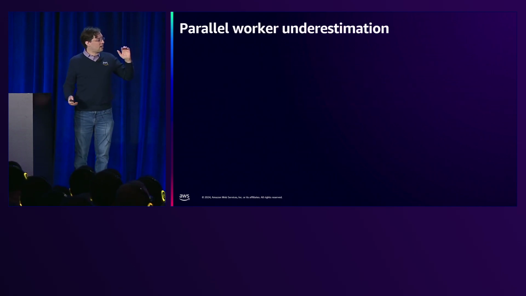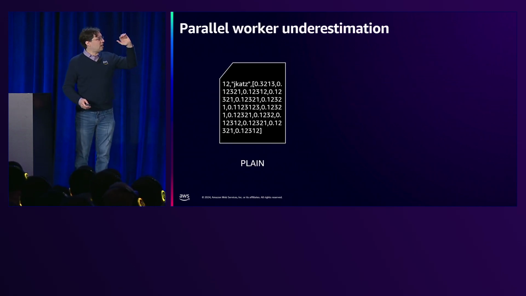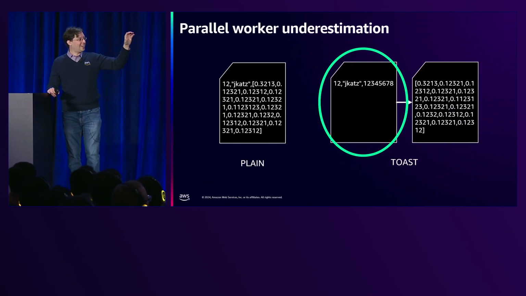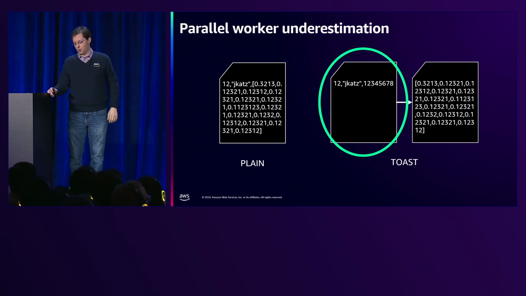So the challenge, the reason we're getting that underestimation, is that if you look at the plain case, we can see all the data in the single page. And it looks like, well, that's one full page. But with Toast, we're going to accumulate a lot more data on individual pages, which means it's going to look like it's smaller.